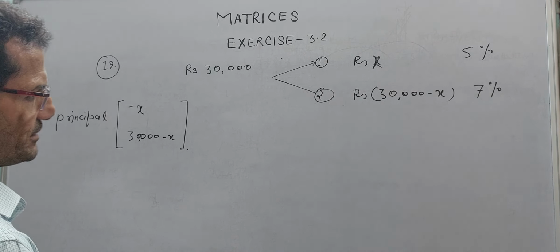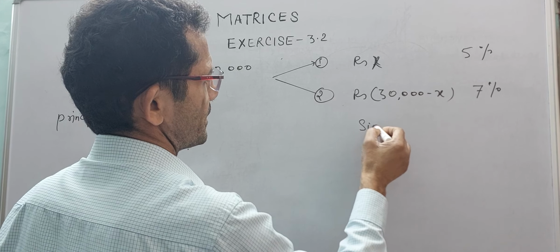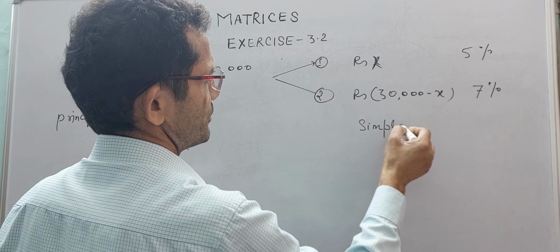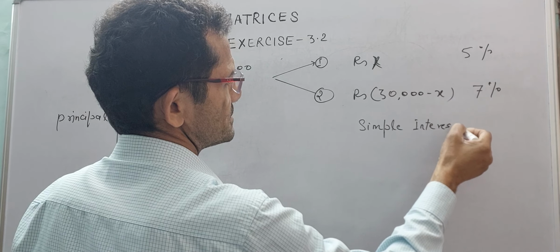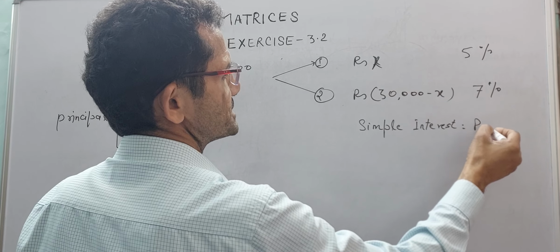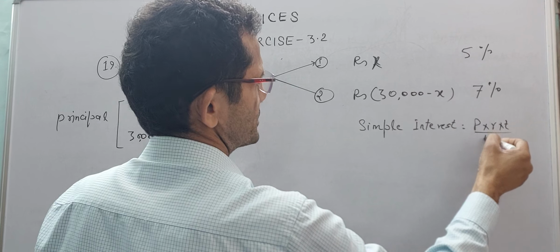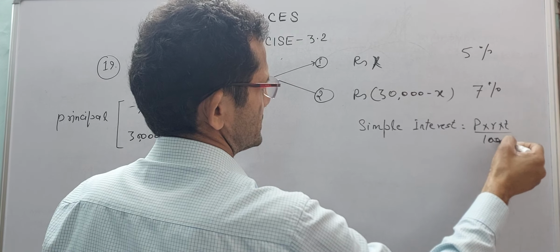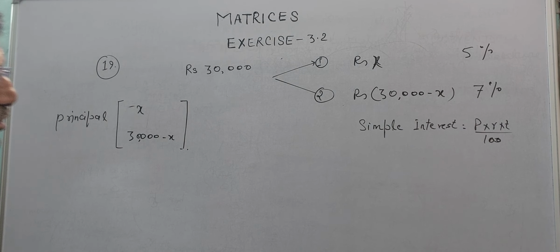If I multiply by the simple interest, the formula is this one. We are using this formula: simple interest is equal to P, principal, into rate of interest into the time, divided by 100. This is the amount you are getting in the given time T. Here our time is 1 year.